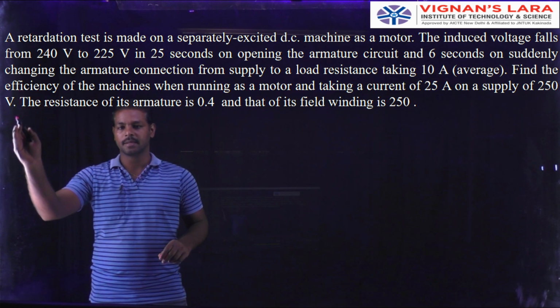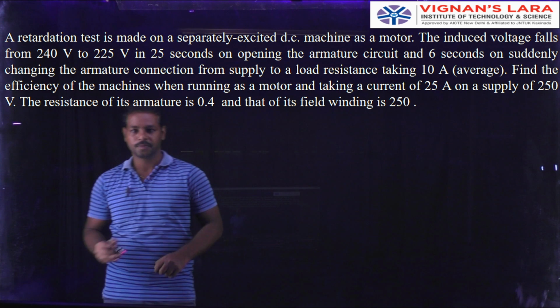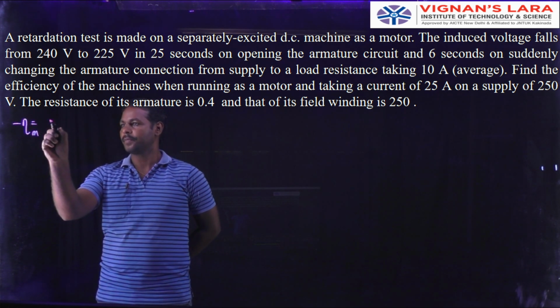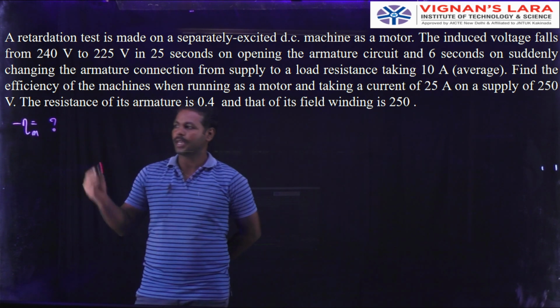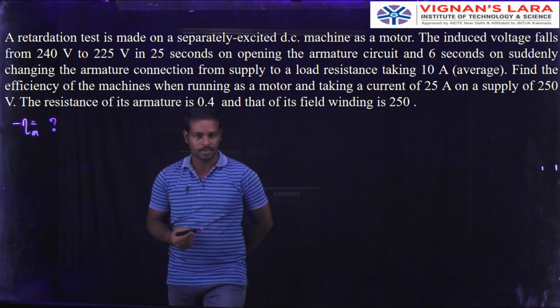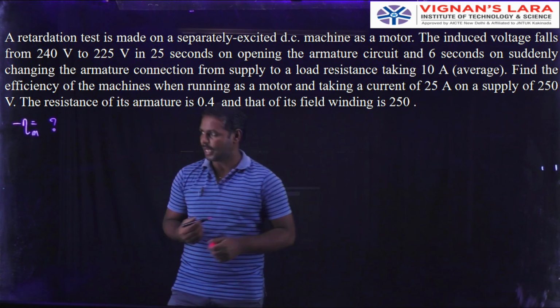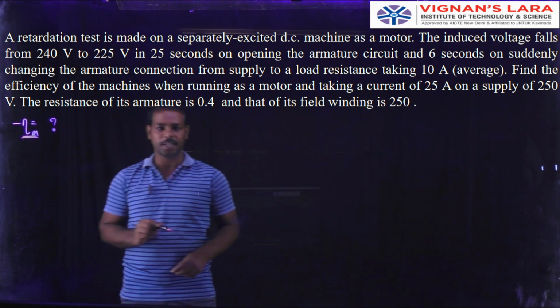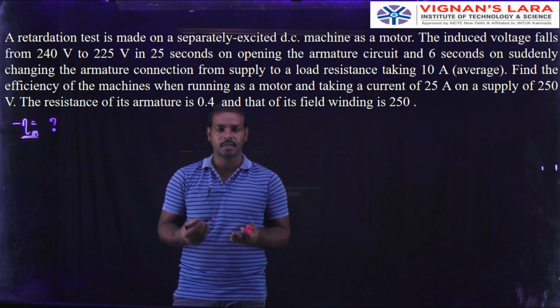So we can easily find the efficiency. The efficiency of the motor is the unknown parameter. Efficiency is equal to output divided by input. Before going to the measurement of efficiency, first of all we need to know the stray losses.